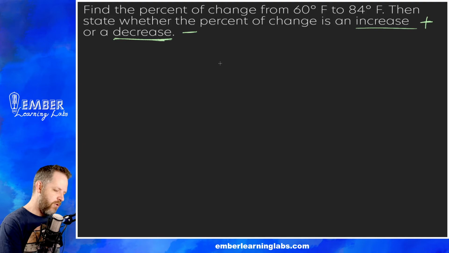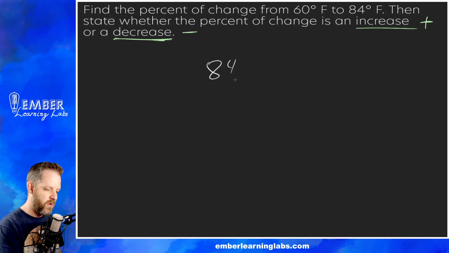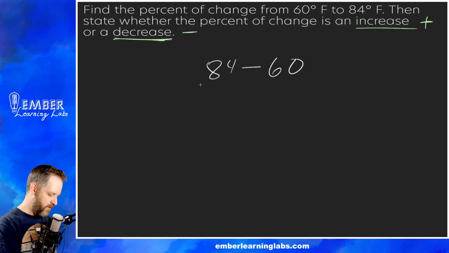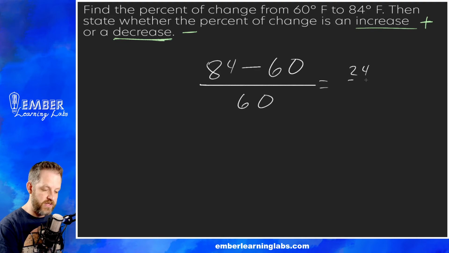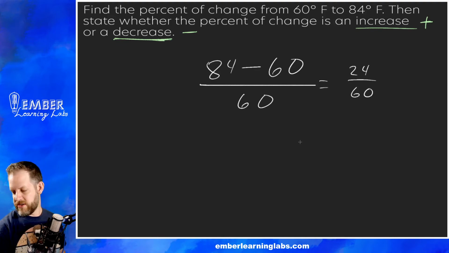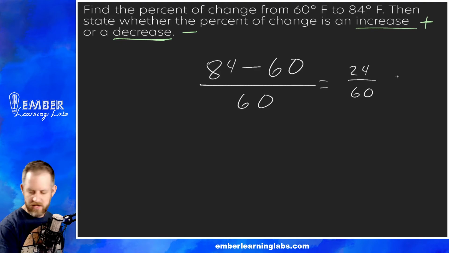So we're going to take the final amount, 84. We're going to subtract the initial amount, 60. And then we're going to divide that by the initial amount, which is 60. So we end up with 24 over 60, which gives us 0.4.